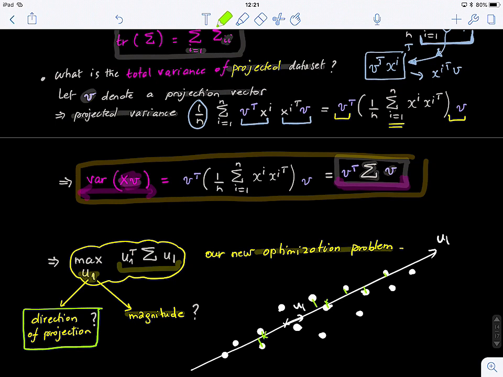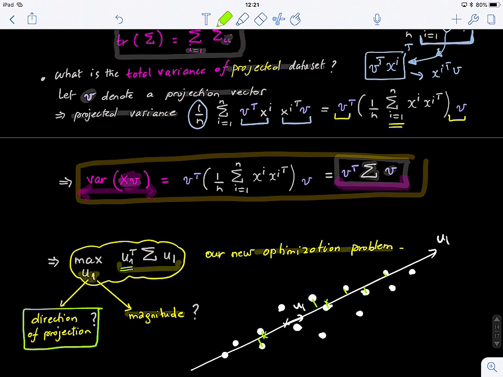Now there's a problem. If I only focus on the direction, what happens? If I want to maximize this, what is the most trivial solution? I can make the norm of U1 tend to infinity, increase the values infinitely, make them explode.